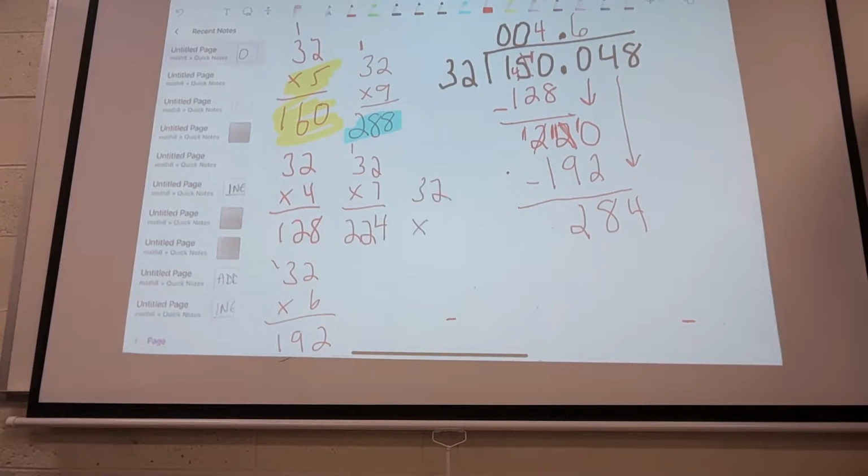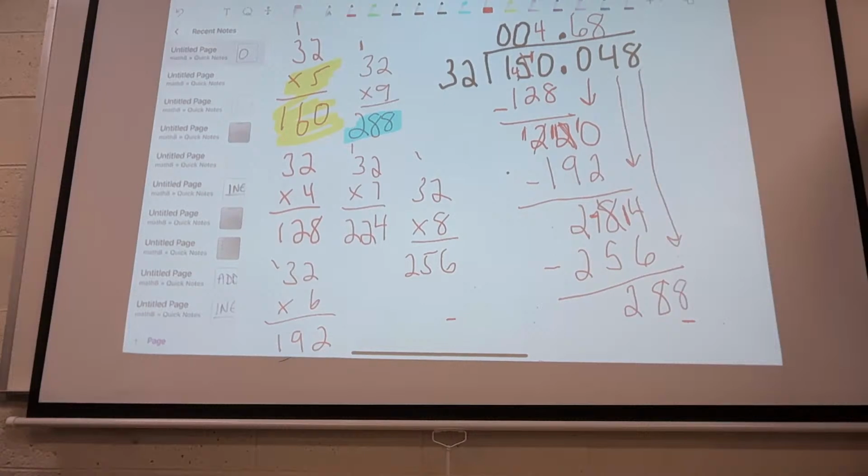32 times 8, 16, 25, 256. So I'm going to put my 8 up top, 256 down below. Subtract, borrow from my 8, make it a 7. Make that a 14. 14 take away 6 is 8. 7 take away 5 is 2. And then bring down my 8.